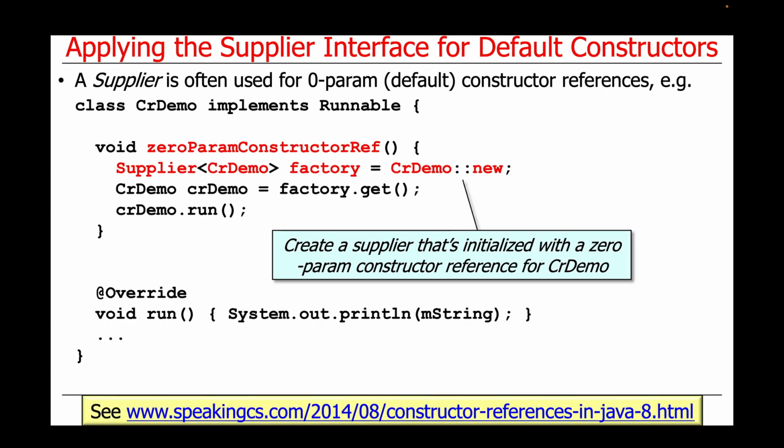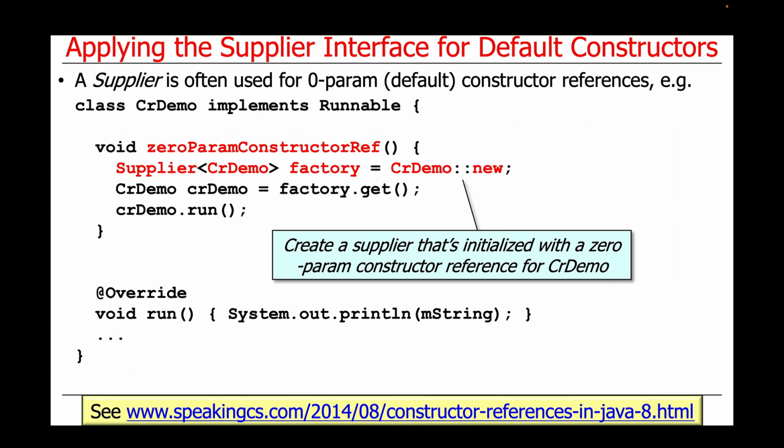We then define a constructor which we name the zero param constructor reference. In that, we create a supplier that's initialized with the zero parameter constructor reference for CRDemo. You can see we call this supplier instance factory. We parameterize the supplier interface with the CRDemo class, and then we pass in the CRDemo::new constructor reference to factory.